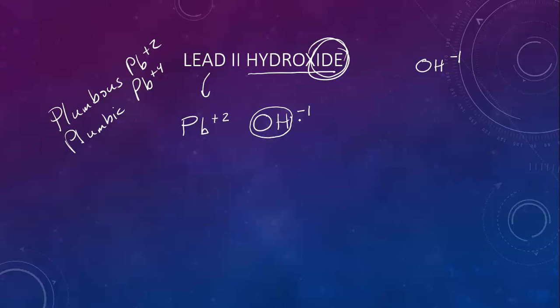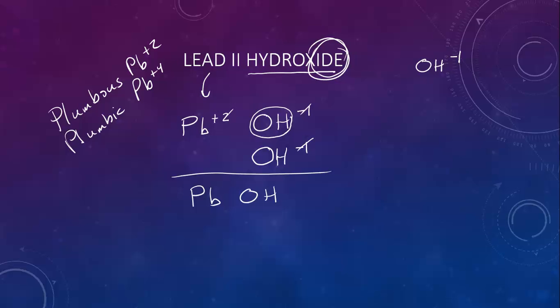So we have too many positives, not enough negatives, so we need another OH minus 1 in order to offset that. Now comes the tricky part. Lead, OH.